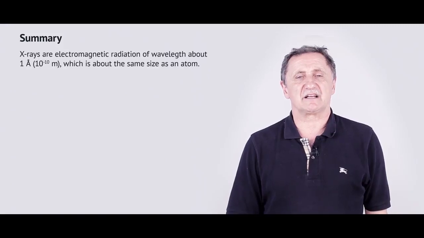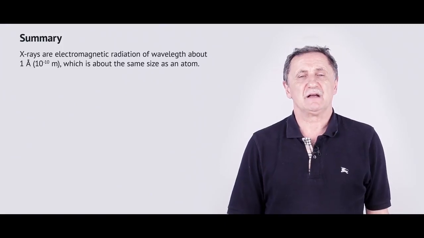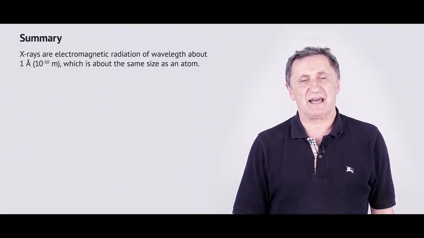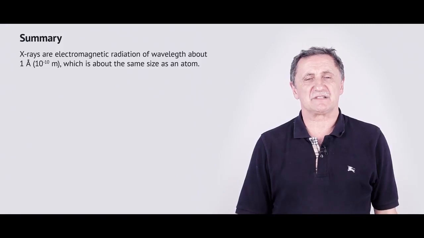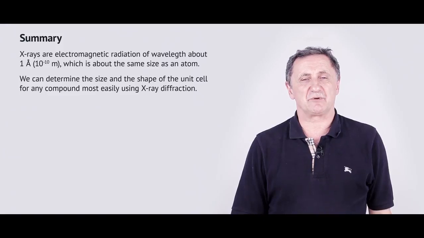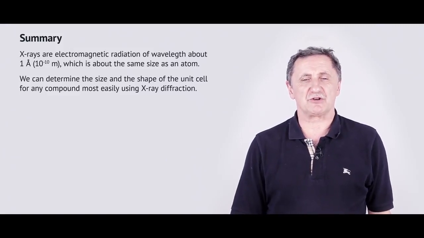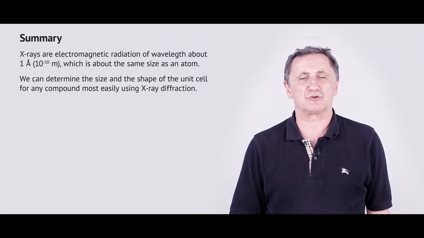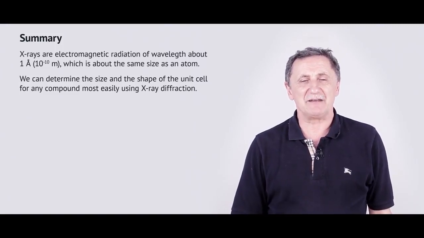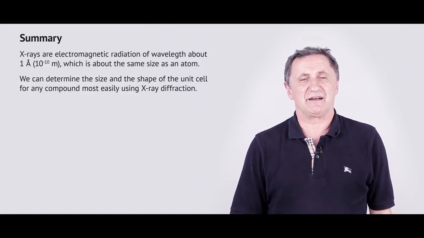So let me conclude that X-rays are electromagnetic radiation of wavelengths on the order of 1 angstrom, which is about the same size as an atom, and of course the same size as a crystal structure. Starting from the beginning of the previous century, it has been widely used to analyze the crystal structure of materials, and it's an extremely powerful tool which has many modifications, but we are not going into these details now.